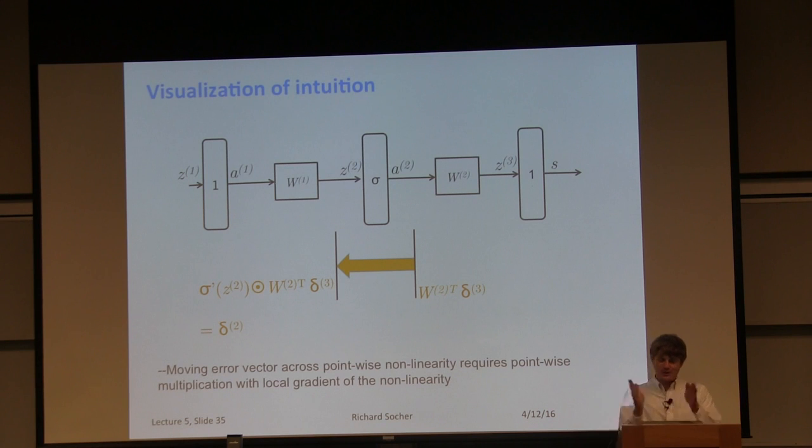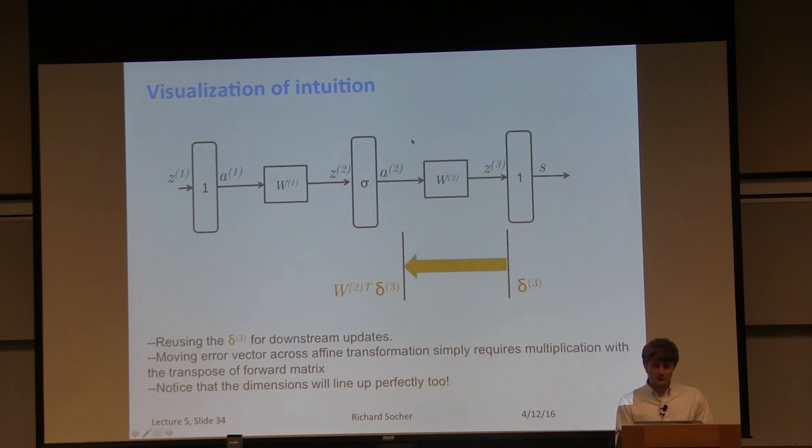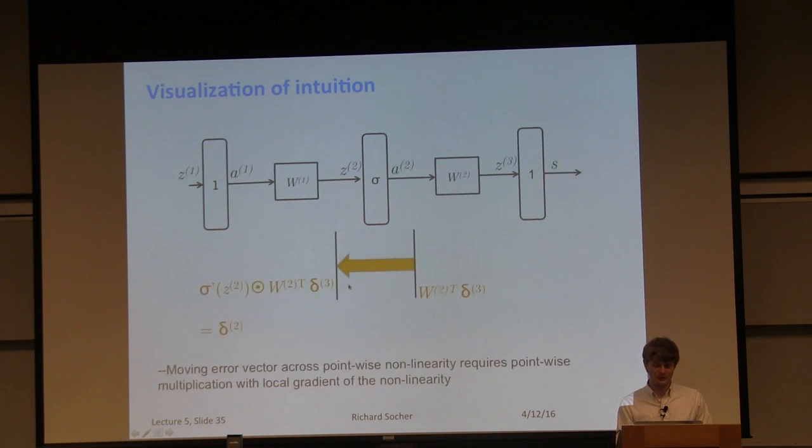And now, as we propagate the error through the nonlinearity, which was element-wise, what we need to do is an element-wise multiplication with the local gradient of this nonlinearity. So again, we move through the affine transformation, we just have W transposed.